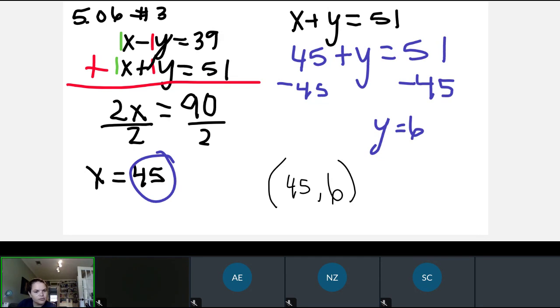Yep. Good, Sky. So you found your X value. Okay. So I'm kind of confused what's going on at the bottom, but your X value is right. So this is good. Now, what I want you to do is pick one of these equations, either the top or the bottom, and rewrite it like over here. Go ahead and rewrite it.